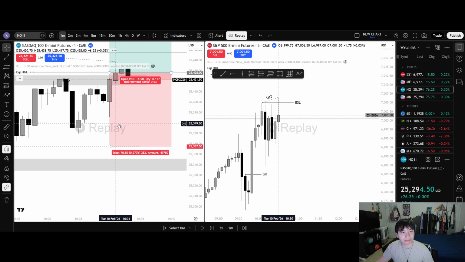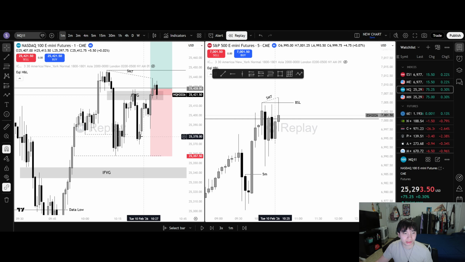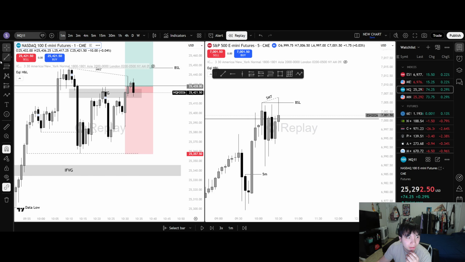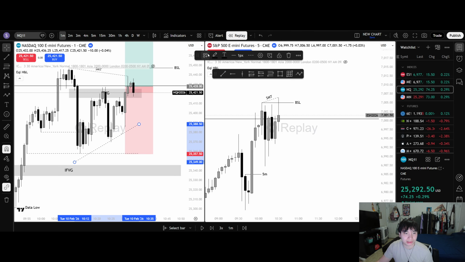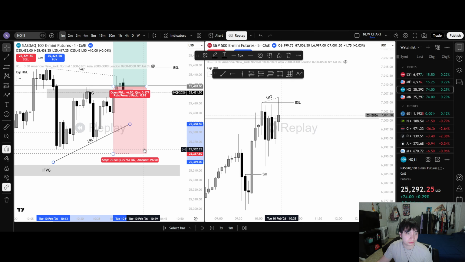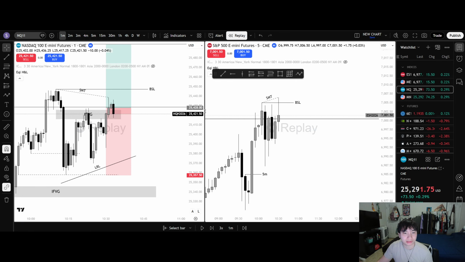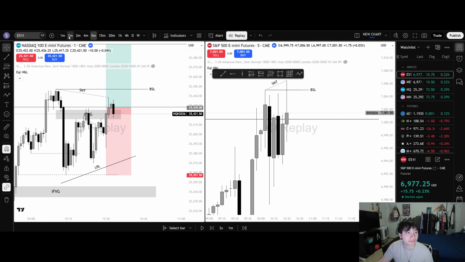But that's not the reason why we lost, or should have won. We basically had low resistance at our stop right here, and then we had buy side liquidity left intact by the time of our entry.